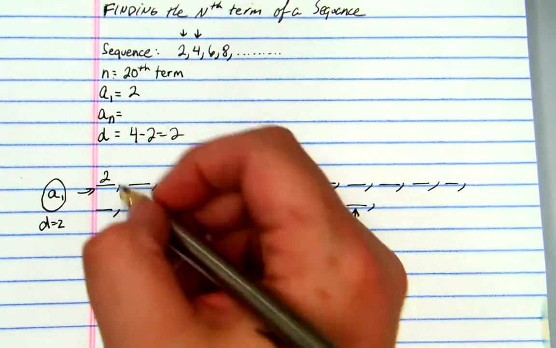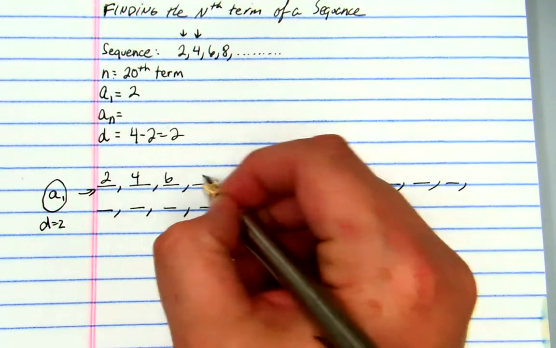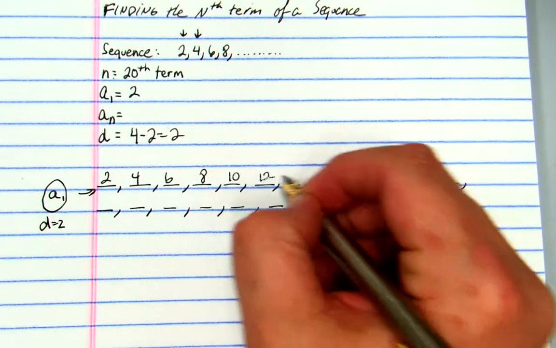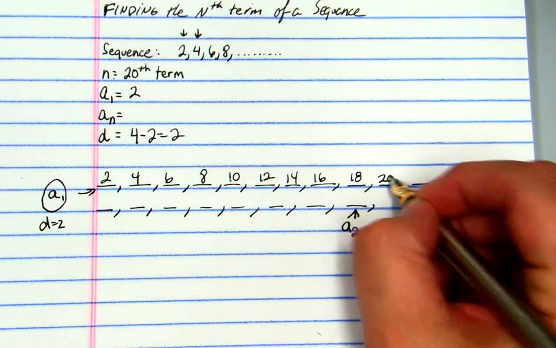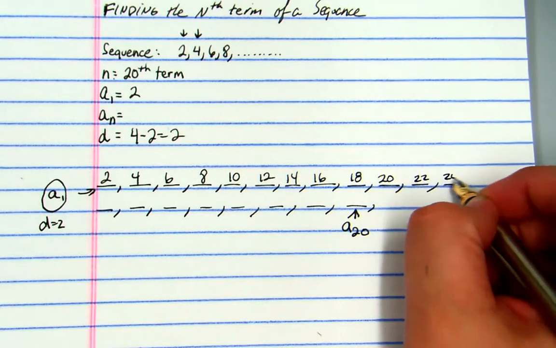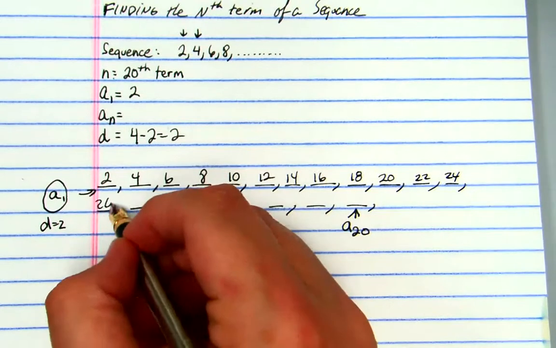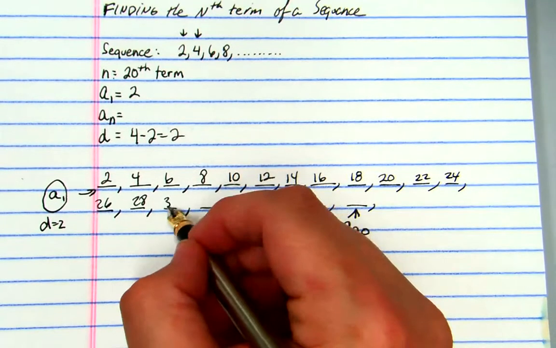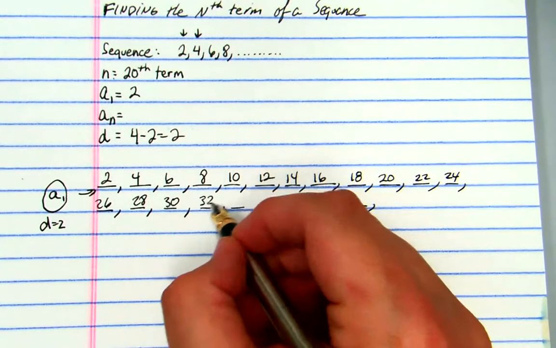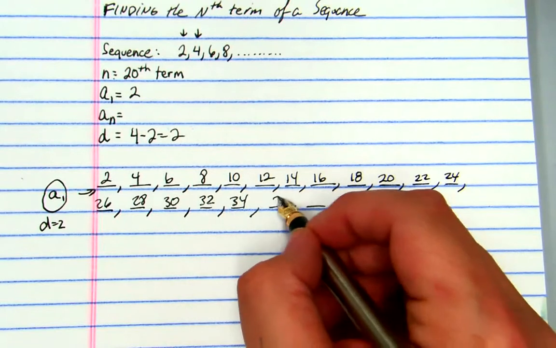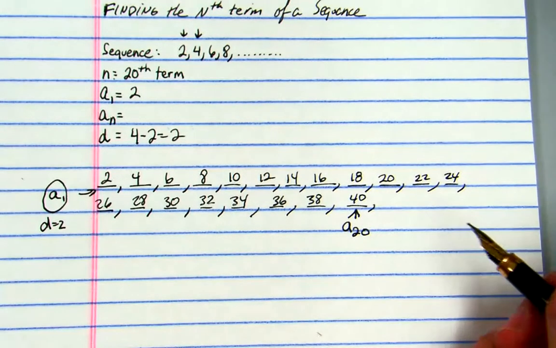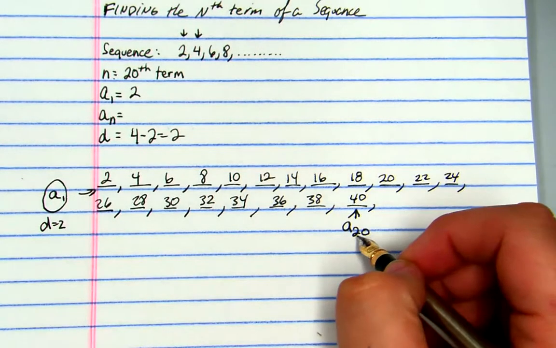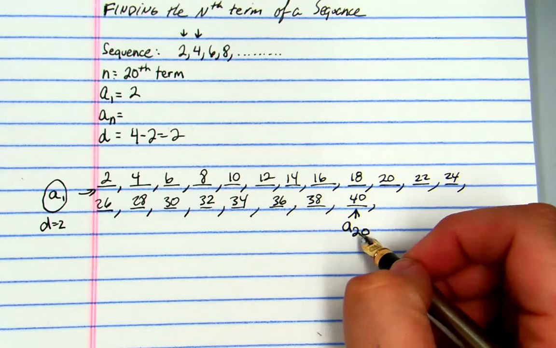Thankfully, we're just adding 2, so it's 2, 4, 6, 8, 10, 12, 14, 16, 18, 20, 22, 24, 26, 28, 30, 32, 34, 36, 38, and 40. So, a sub 20 is 40.